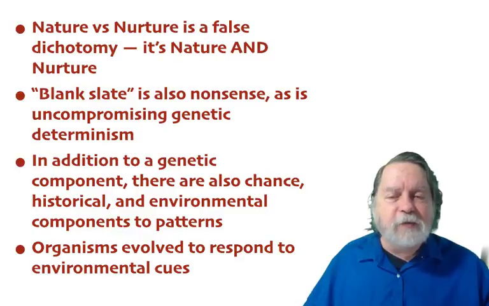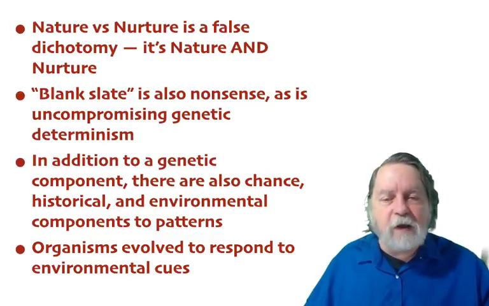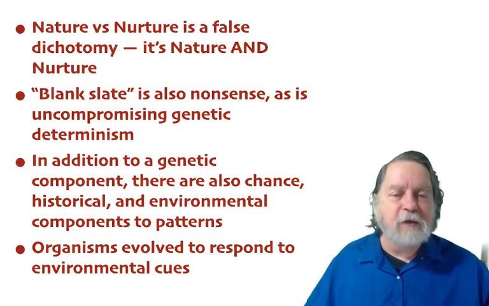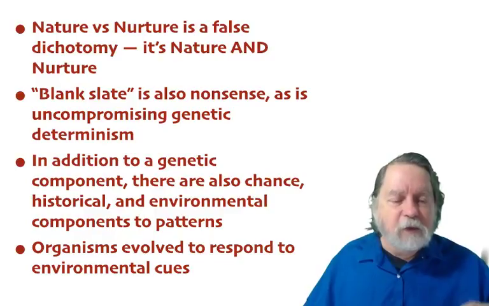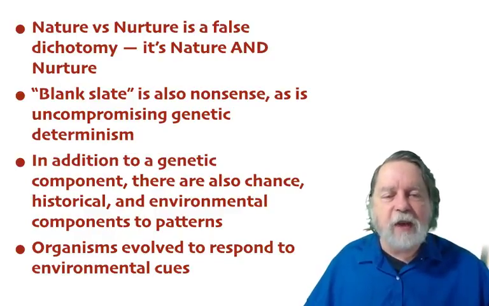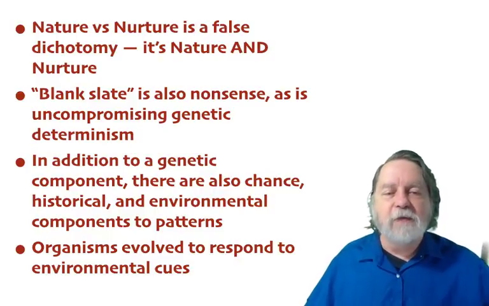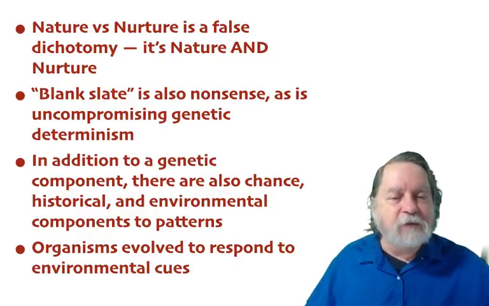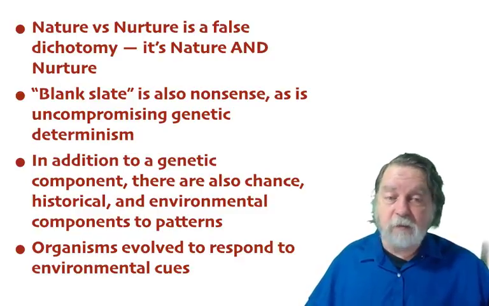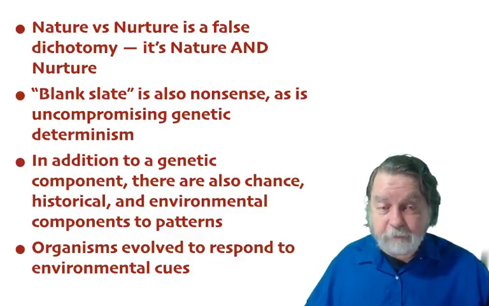And a final point I would really like to get across to everyone: organisms evolved to respond to environmental cues. We have a set of genes that have been tested over evolutionary time for their ability to be plastic and respond to the environment in all kinds of conditions, because it's very rare for an organism to live in a uniform environment over long periods of time.